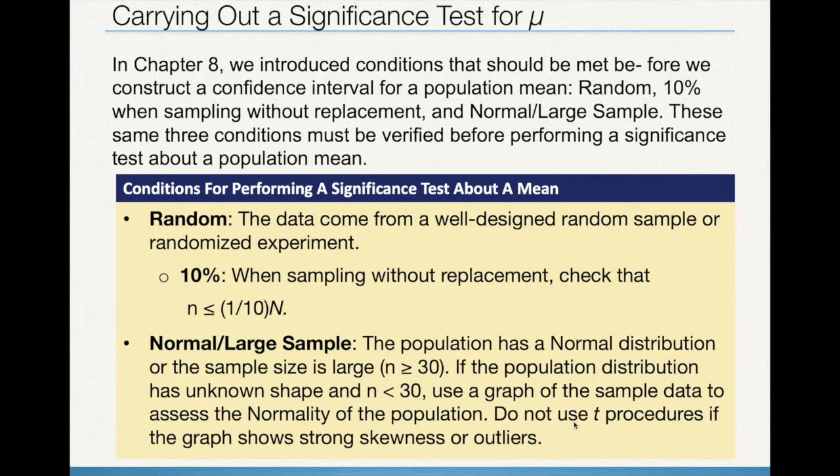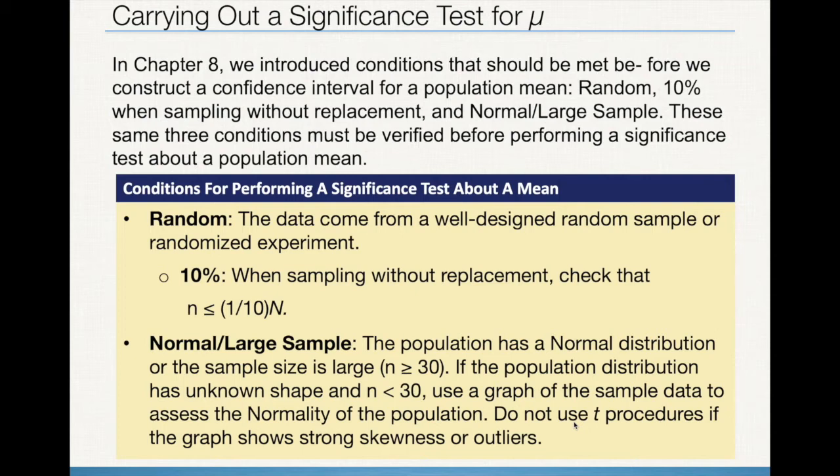Here's the problem, and I have a lot of students that ask me this problem, and here's the answer today. If the population distribution has an unknown shape and we don't have a large enough sample size, this is a bit of a tricky thing, because now we actually have to get more evidence to support this statement of whether we can use a normal distribution to approximate our particular scenario.